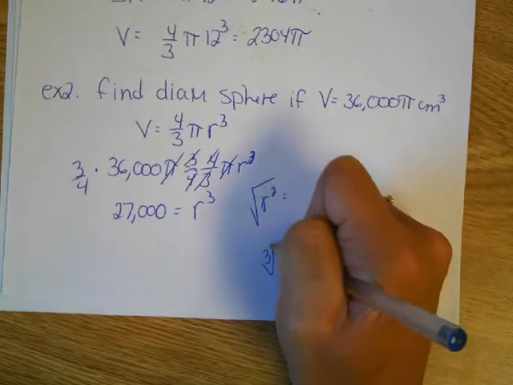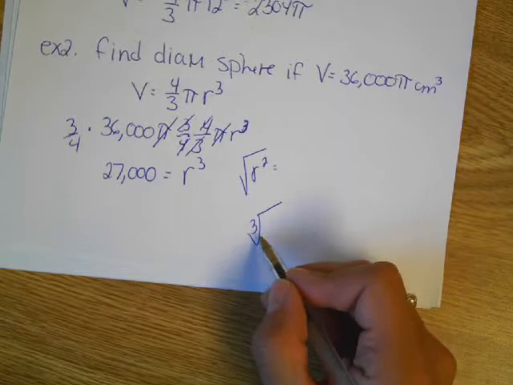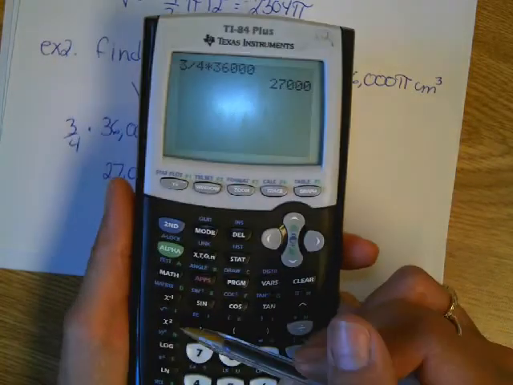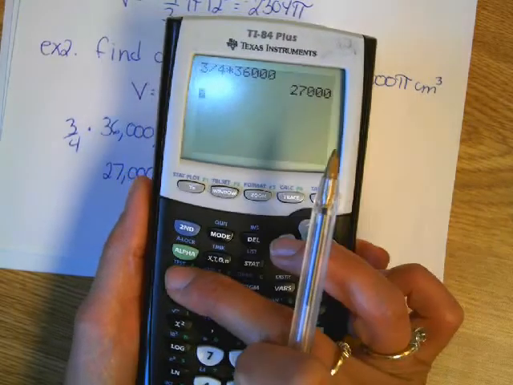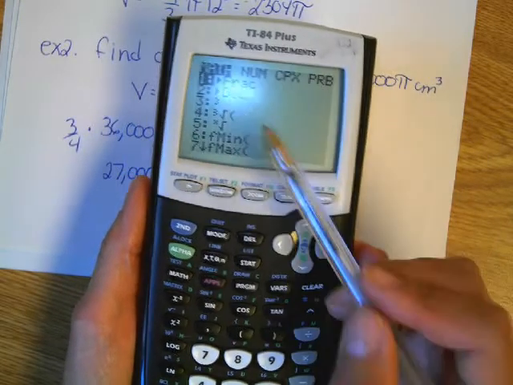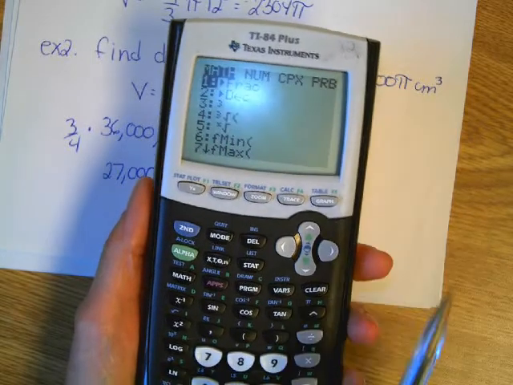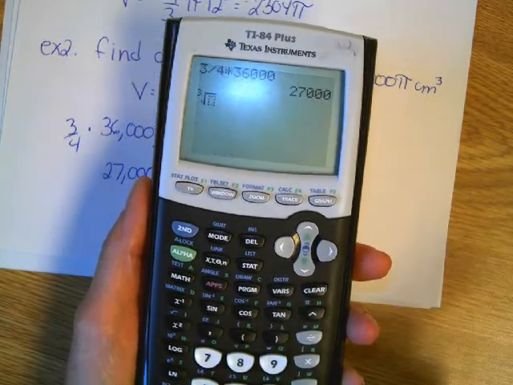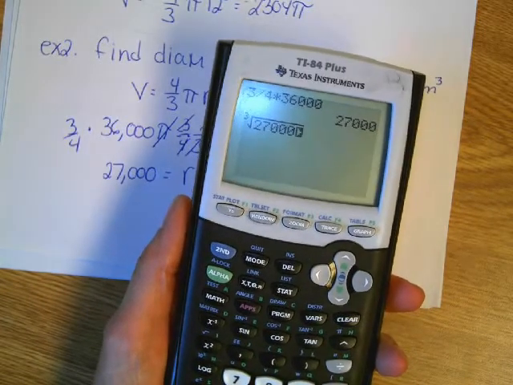A cube root looks like that. And it's finding it on your calculator. The scientific ones, it'll probably be by the square root somewhere. On the graphing ones, it's hidden. It's under math. And it's right here, the little cube and the root. So I can grab that cube root and then type in my 27,000.